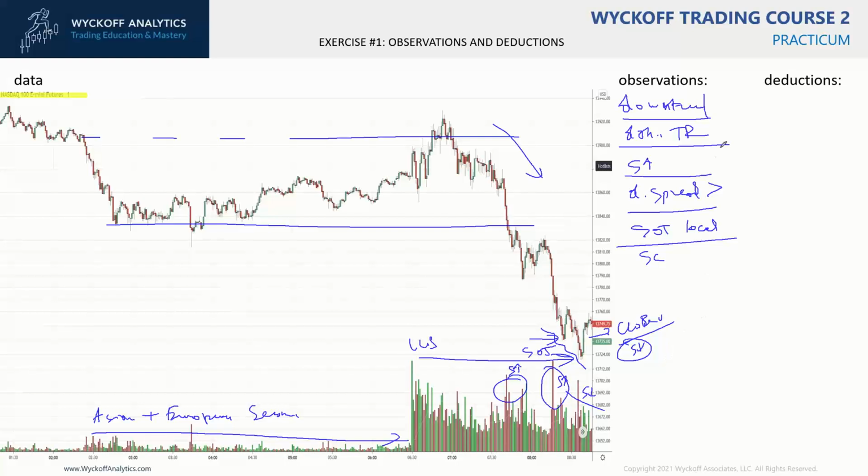Okay, good. So could you make a deduction from these main observations as to what potentially could happen next? Modo is saying, okay, trading range. Secondary test, Anthony is saying.